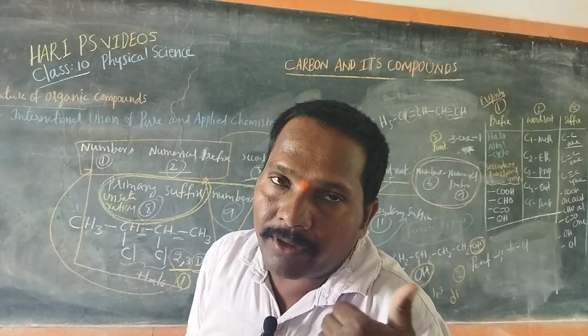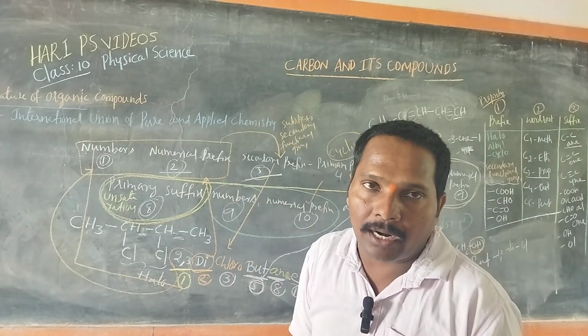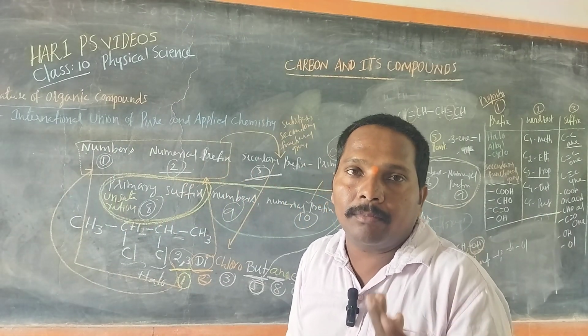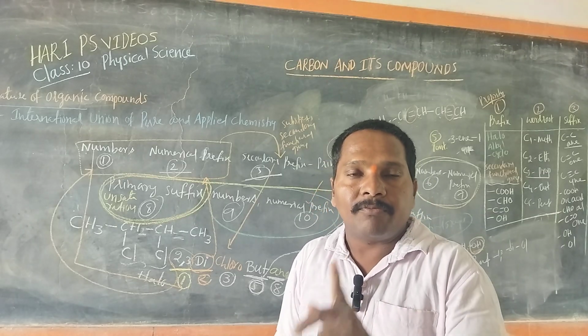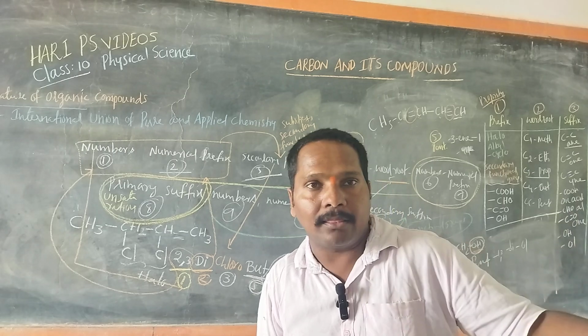That means for which carbon atom the substituents are there, for which carbon atom the unsaturation is there. That number of carbons means first, second, third, fourth, fifth, like that.